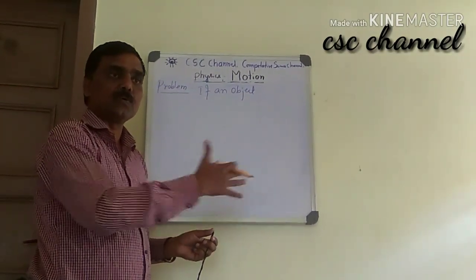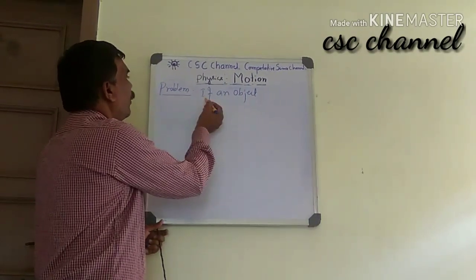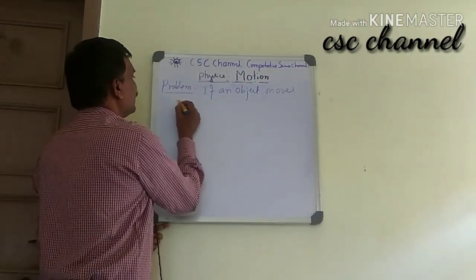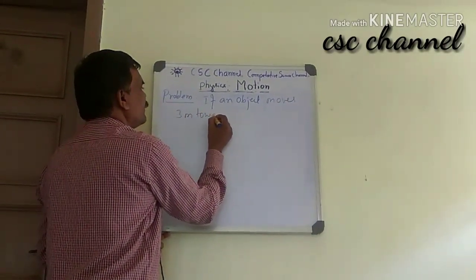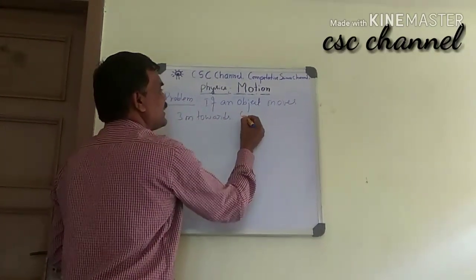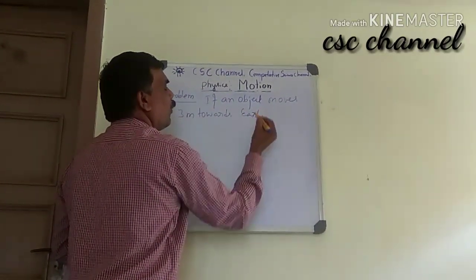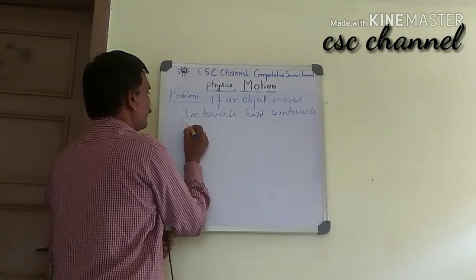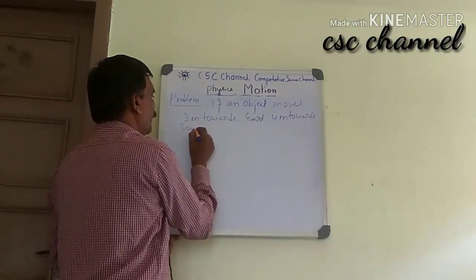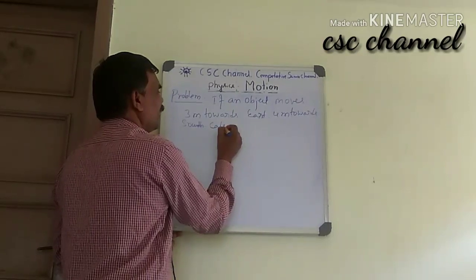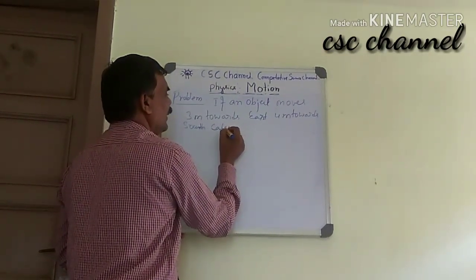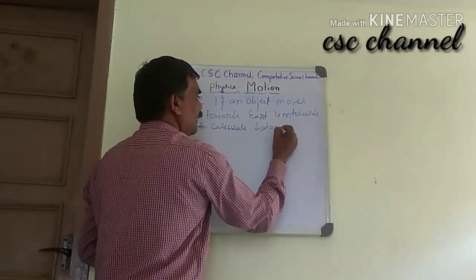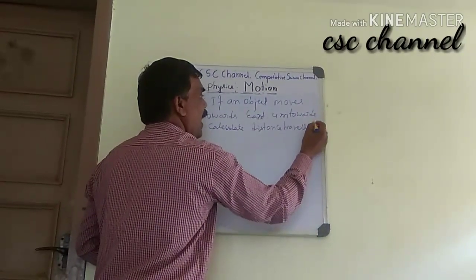How will the question practically arise? If an object moves 3 meter towards east, then 4 meter towards south, calculate distance traveled and displacement.